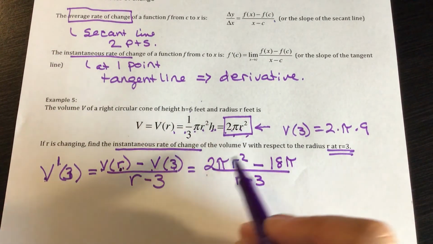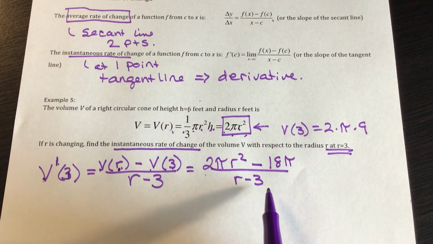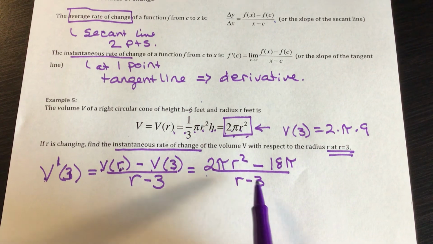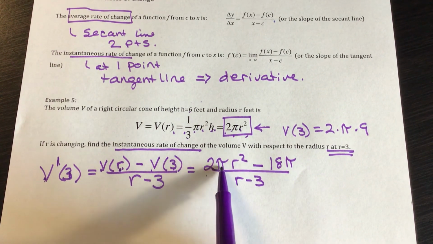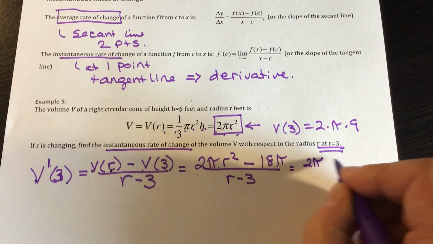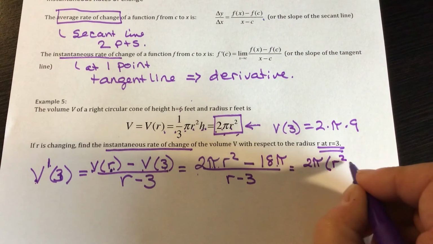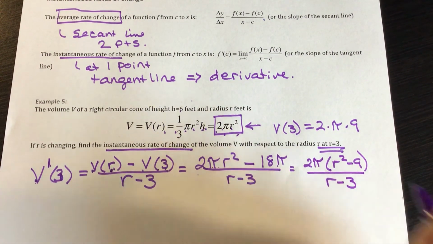All right, so again, if I were to plug in 3 here, I get a 0 in the denominator. So I need to factor and cancel. Here it looks like I can take out a 2 pi on the top, and then I have r squared minus 9 over r minus 3.